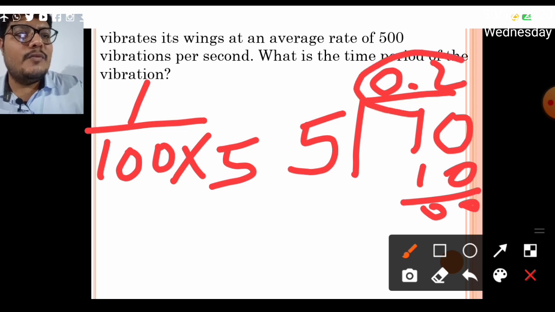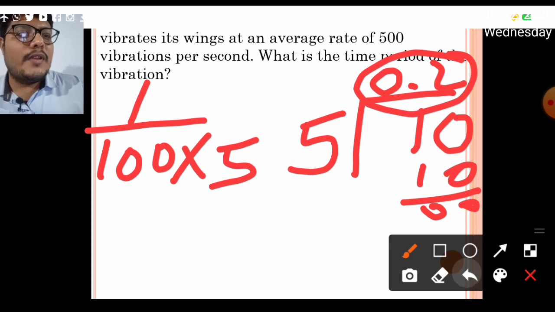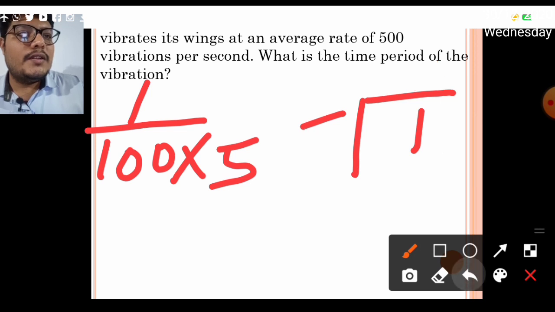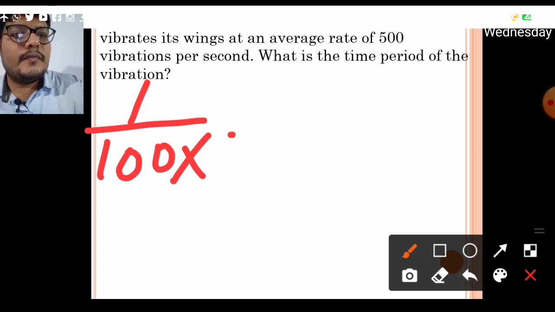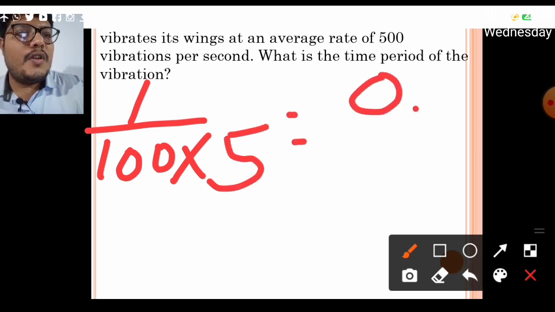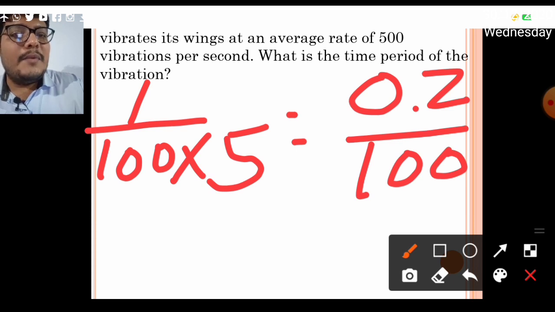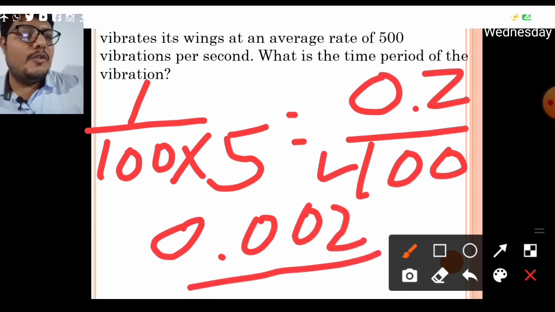So I get 0.2 for this calculation, 1 and 5. So 0.2 upon 100. Now 0.2 upon 100 means there will be more digits after the decimal, so 0.002, because 100 is in the denominator.